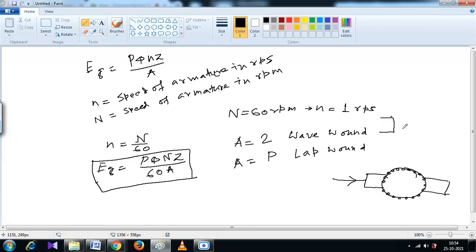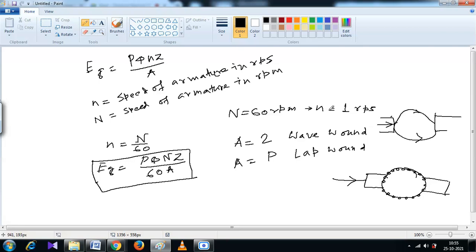So now tell me how many paths we can provide between two brushes. One can be provided by the upper side, and one can also be provided by the lower side. So the minimum number of paths should be two. Is it clear now?